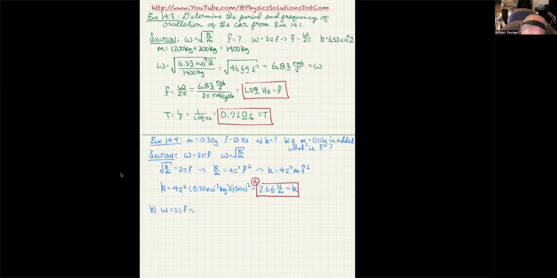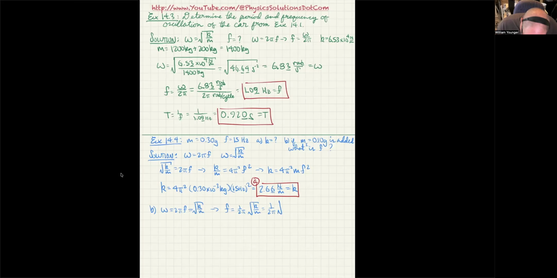But omega is also equal to the square root of k over m. So what we want to do here is assume the k is the same, and now we're going to add an additional mass to it, so we have a different mass. That tells us that the frequency is 1 over 2 pi times the square root of k over m, which is 1 over 2 pi times the square root.